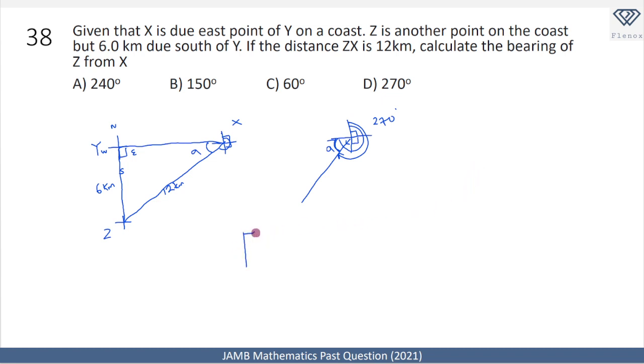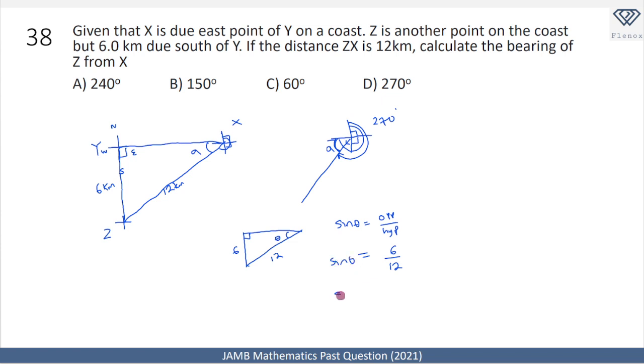So I have a right angle triangle. I'm told that the distance here is 12, the distance here is 6, and I'm trying to find the angle here. Let me call the angle theta. From the angle theta, I know my opposite, which is 6, and my hypotenuse, which is 12, and that is sine, because sine theta is opposite over hypotenuse.